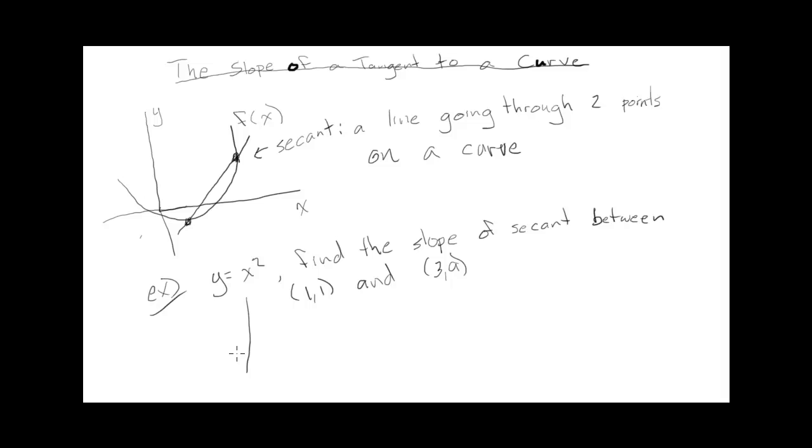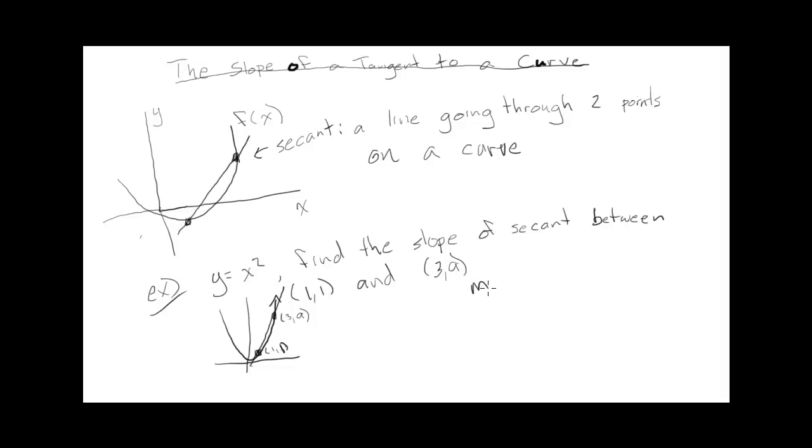So we know that x squared looks sort of like that. So 1, 1 is here. So that's 1, 1. And then 3, 9 would be up here. So we want to find the slope of the line going between them.